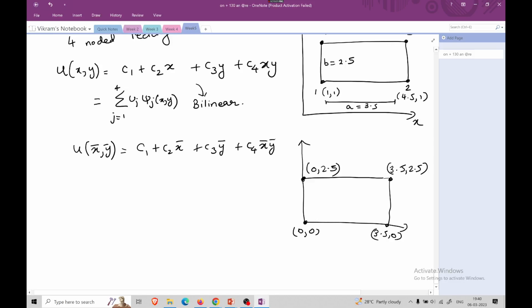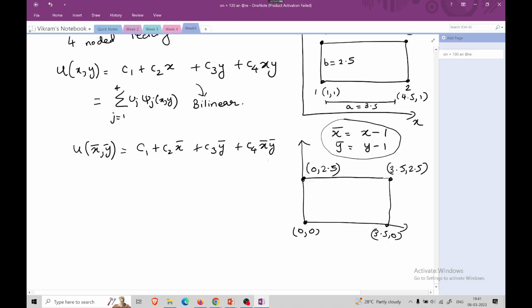So in our case, x bar is equal to x minus 1 and y bar is equal to y minus 1. So it means at 1 comma 1 we are shifting to the origin, which means my x and y are shifted by one unit each. So this is the conversion unit.